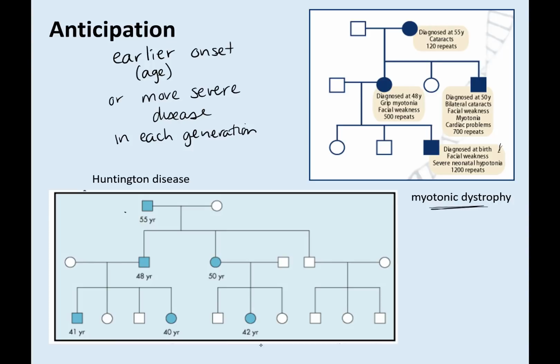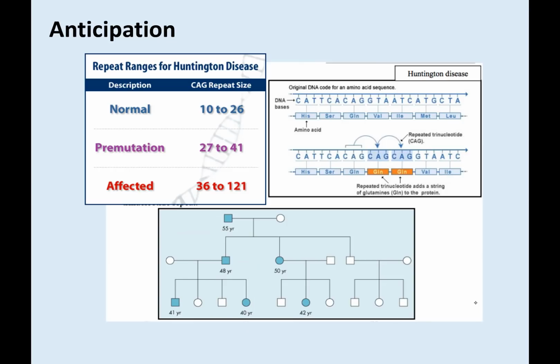And the reason anticipation happens is many of these diseases are due to DNA mutations that can increase in accumulation. But it's not just an increase of mutations, it's an increase in what we call trinucleotide repeat sequence.